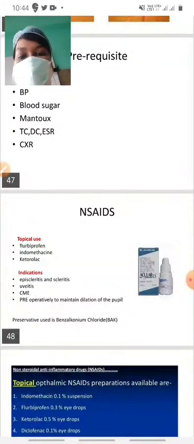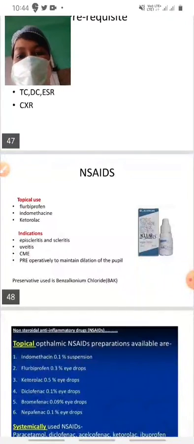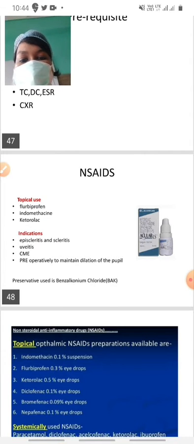Now these are the NSAIDs. So the NSAIDs which are given as topical drops are flurbiprofen, indomethacin, and ketorolac, and the indications are episcleritis and scleritis, uveitis, macular edema, and also it can be given before the cataract surgery so that the dilatation of the pupil is maintained for a longer time.